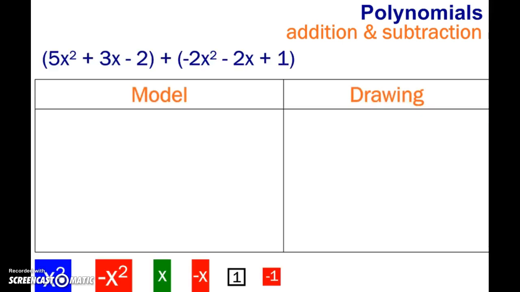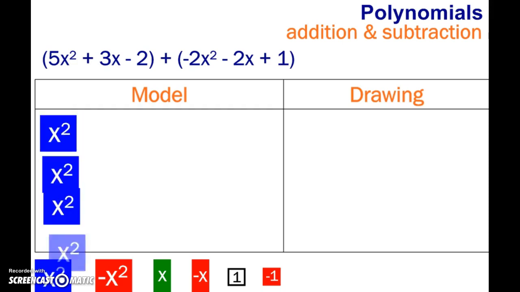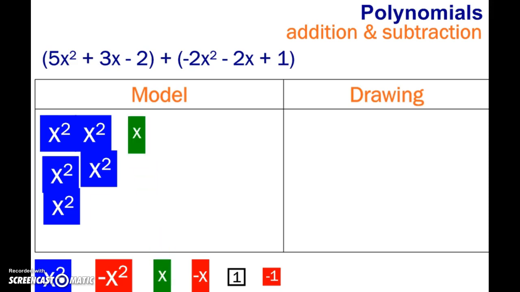Well, let's practice one. Guys, if you want to use the models down here and actually draw the squares, that's fine. We put 3x squared, 3x, and negative 2.